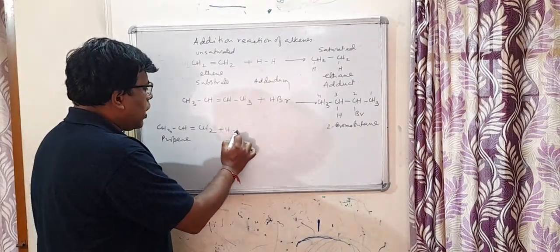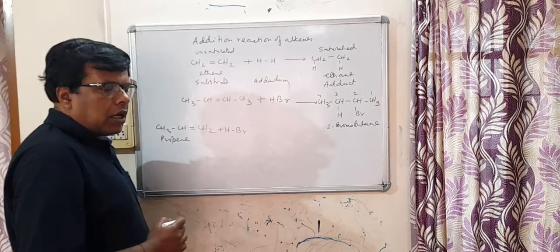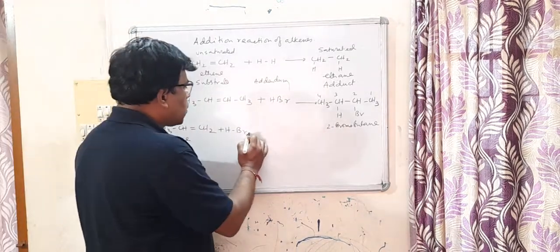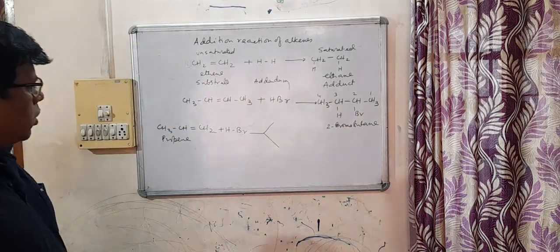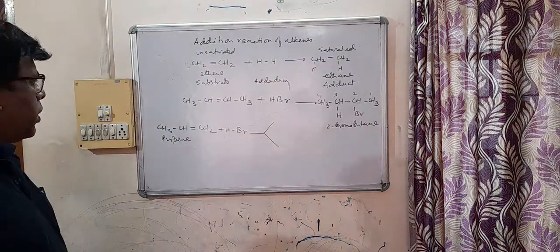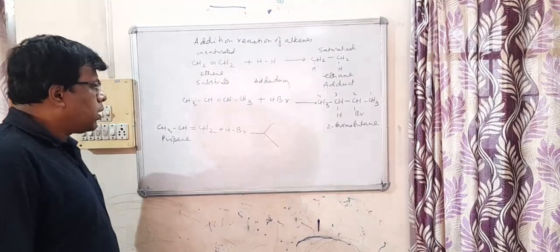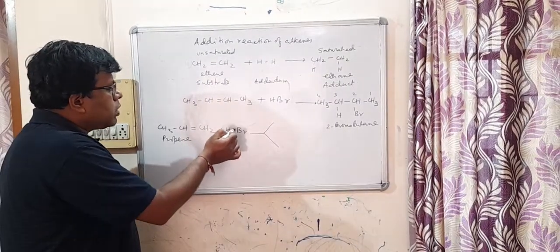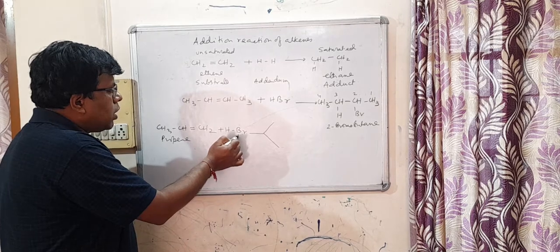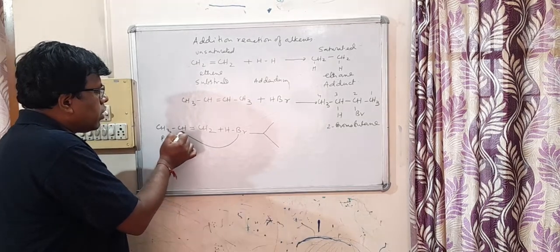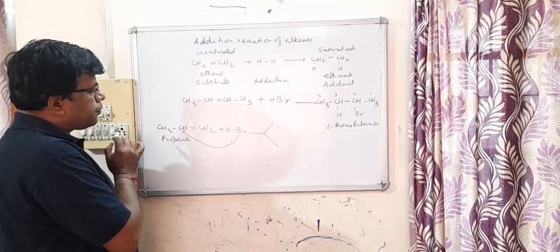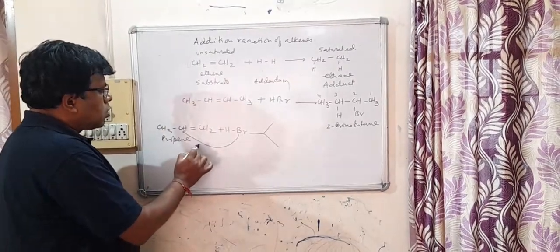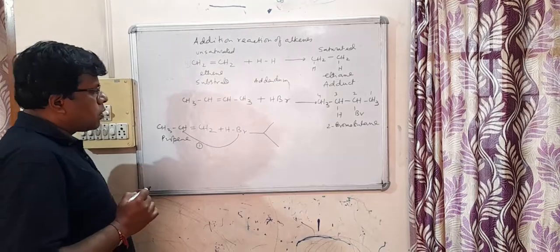So if we try to add HBr, now you see there are two possibilities. What are the two possibilities? Suppose in one case Br gets added here. So this is possibility number one.